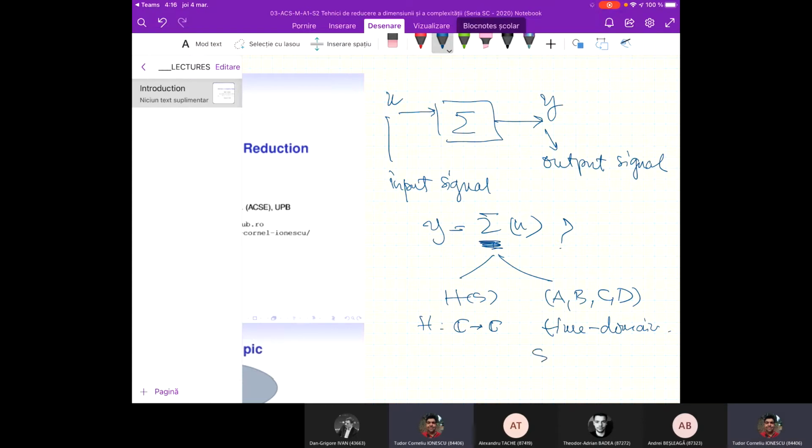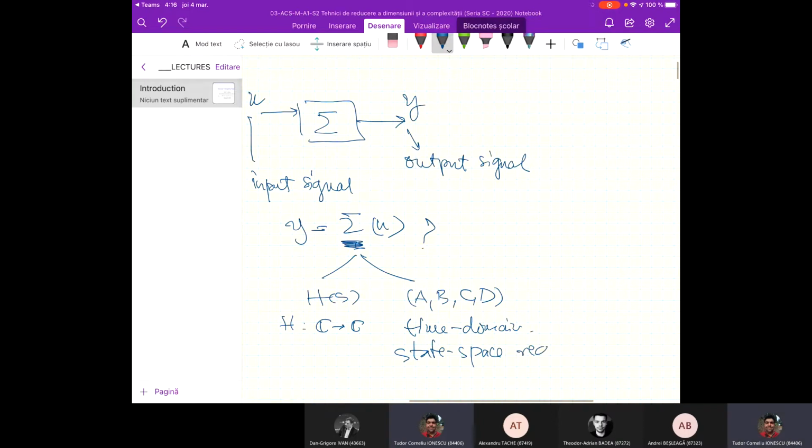These are called state space realizations, okay? That's how they are called.